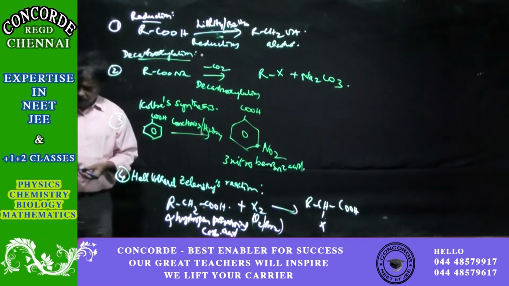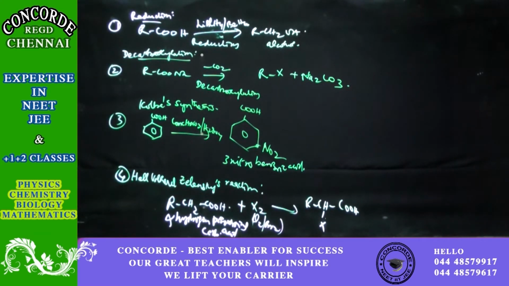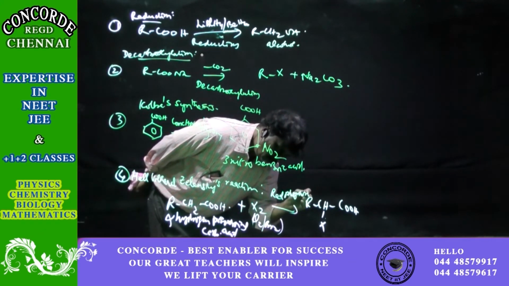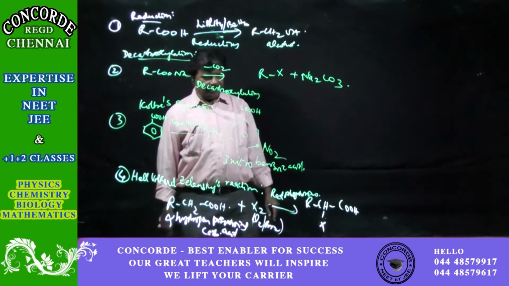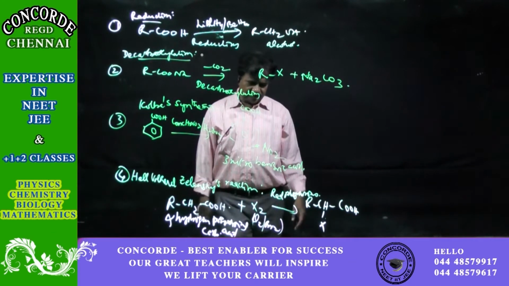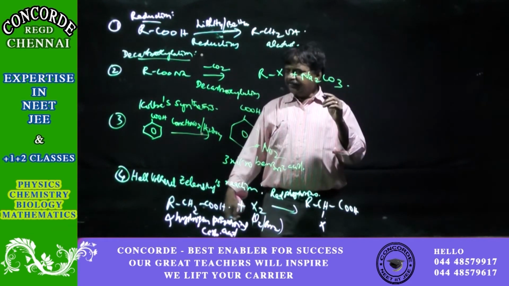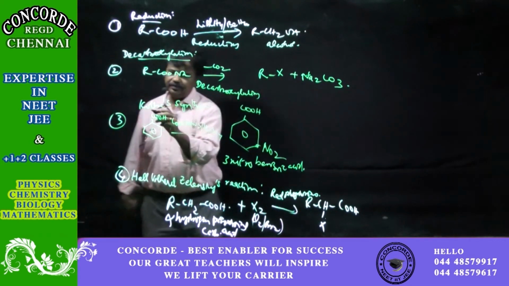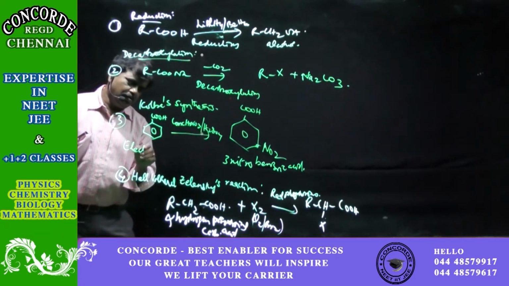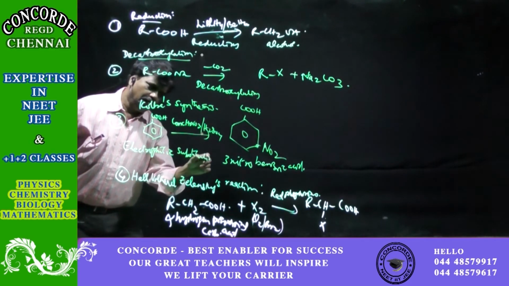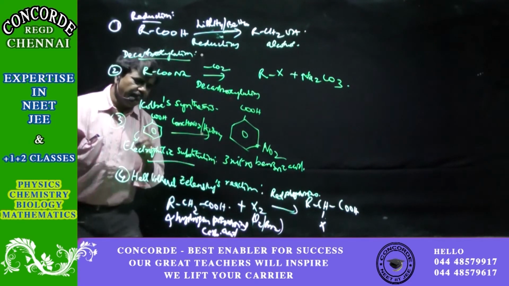This is one of the important reactions, but it happens only in the presence of red phosphorus and of course some water also. This reaction is known as electrophilic substitution.